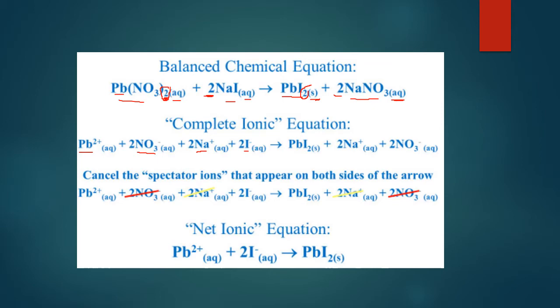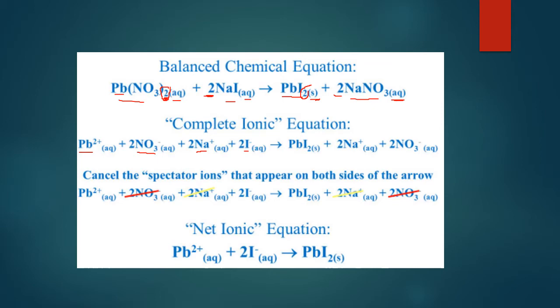Going to the product side of the equation. On the product side, we leave the lead-2 iodide together. We're doing this because it's a solid, so it's not forming ions in solution. The reason we're writing the other ones as ions is because they have dissolved in water and their ions are literally floating around in that water.